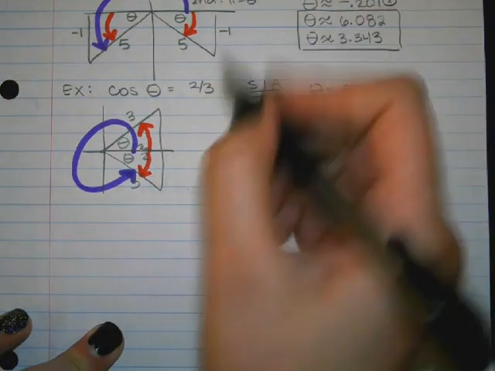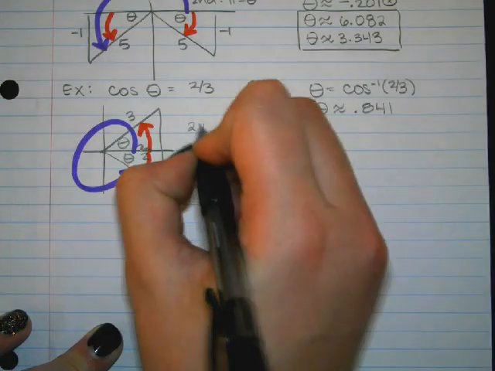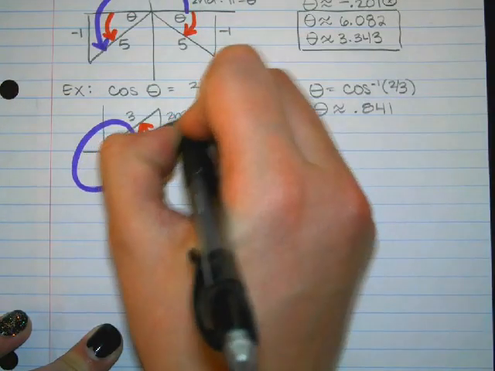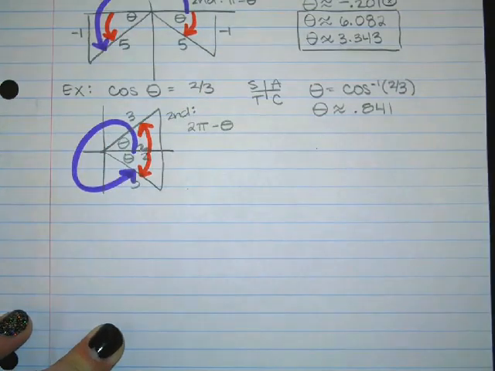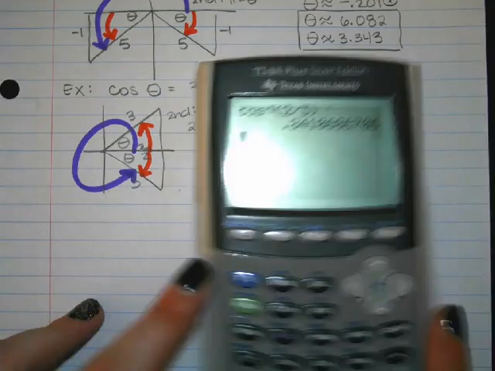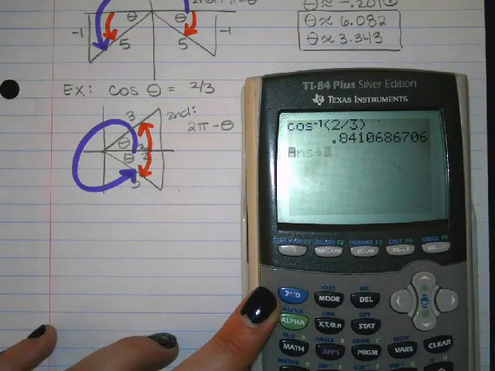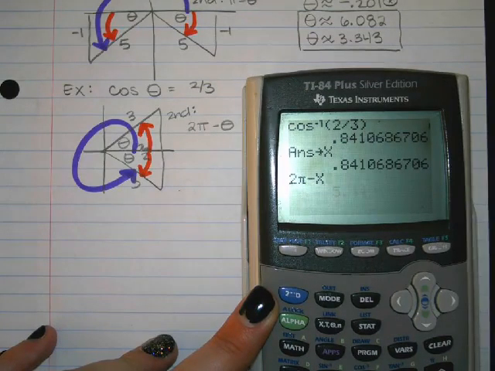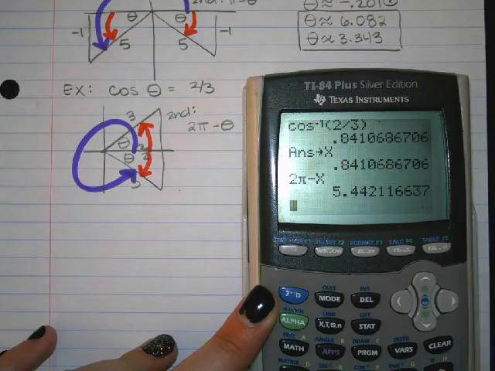So the shortcut for cos is going to be 2 pi minus the first angle we get. This is our second answer. 2 pi minus the angle we got. So I'm going to store this. And then I'm going to do 2 pi minus that.